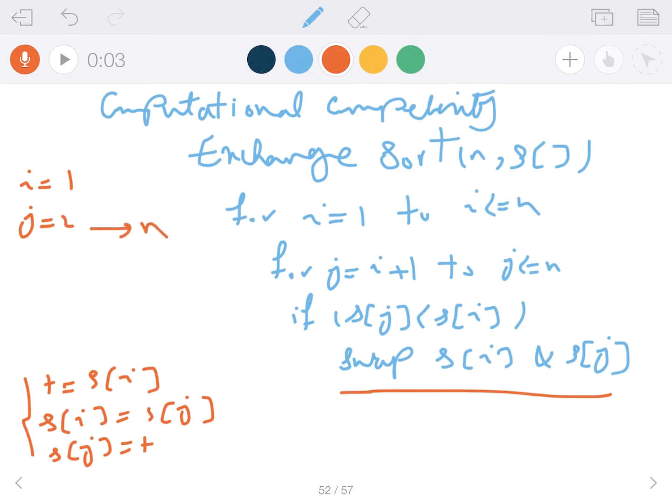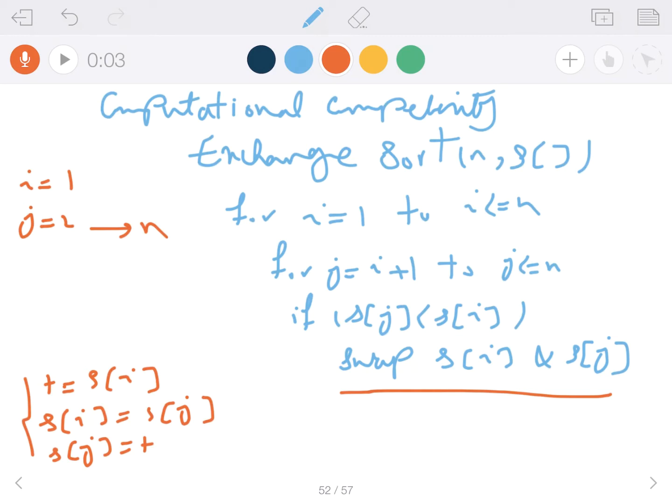Here indexes start at 1, so the first value of the array is located at location 1. That's why we have I equal to 1 and not 0. So I goes from 1, and j goes from 2 to n when I is equal to 1.